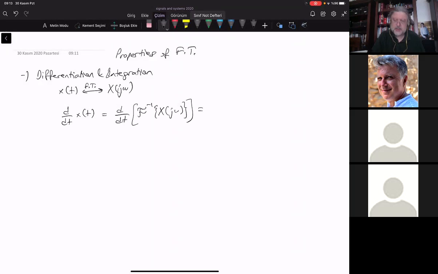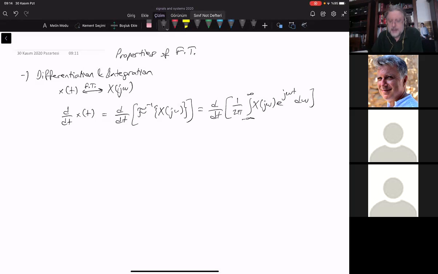So we can write it as the time derivative of the inverse Fourier transform formula. What is it? It is 1 over 2 pi integral from minus infinity to infinity X of j omega e to the j omega t d omega. So we take the time derivative of this.